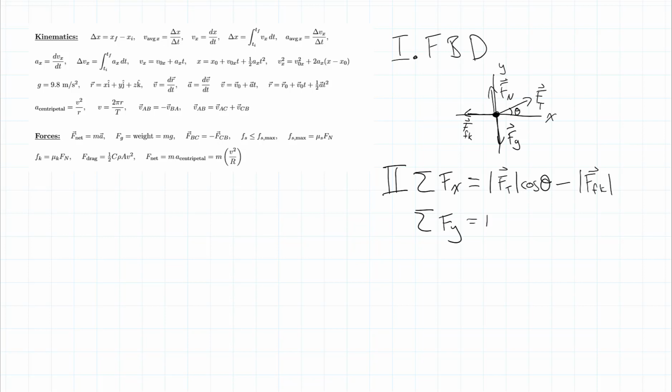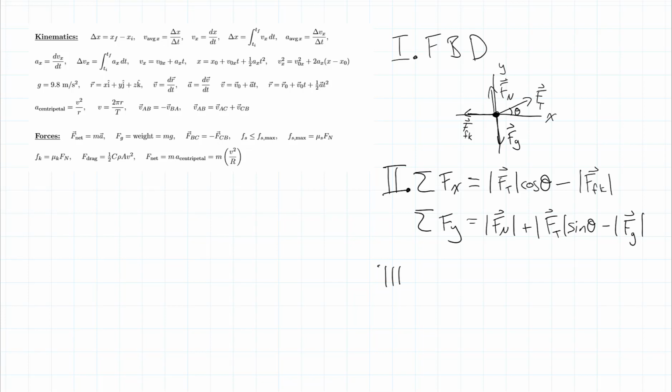And we have in our positive Y direction Fn, we also have the other component of the tension force that I drew in. And then in the negative direction, we have the force from gravity. Always start like this. That will allow you to lay everything out.